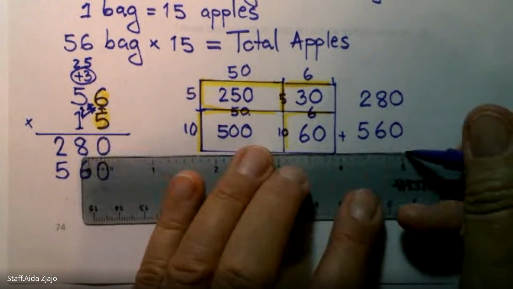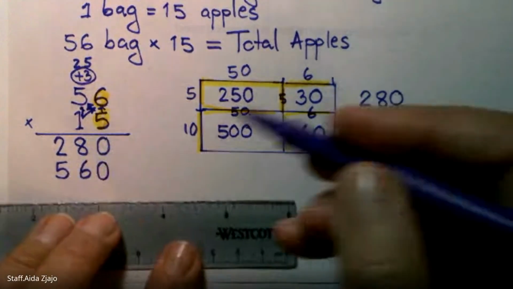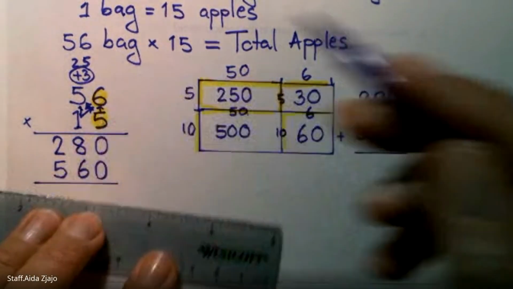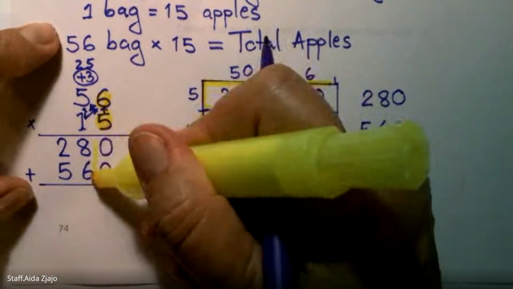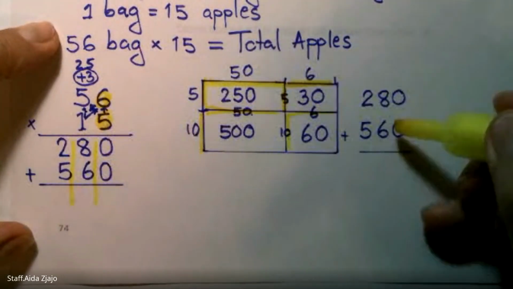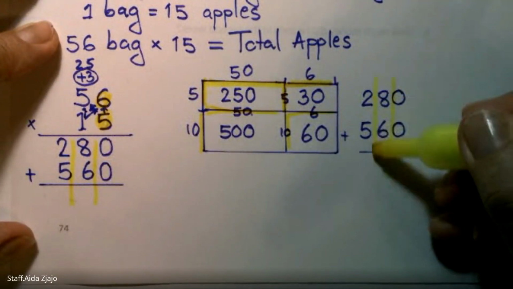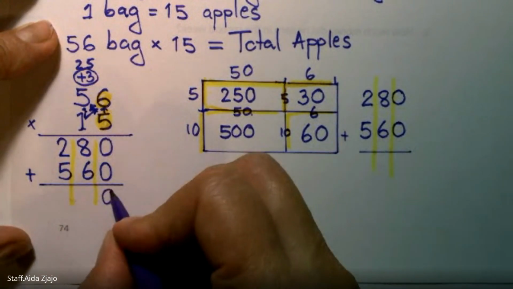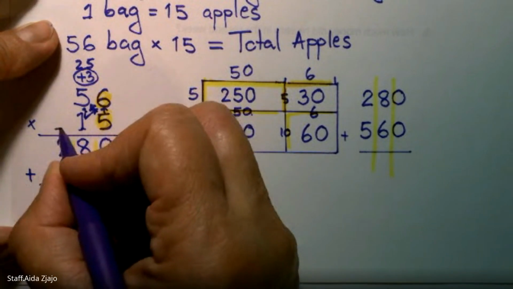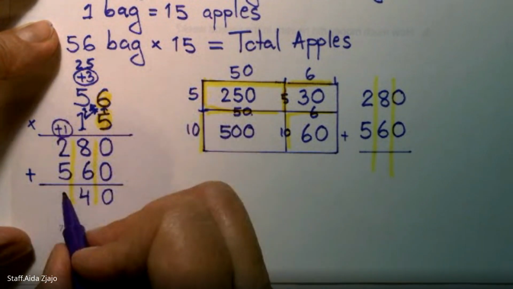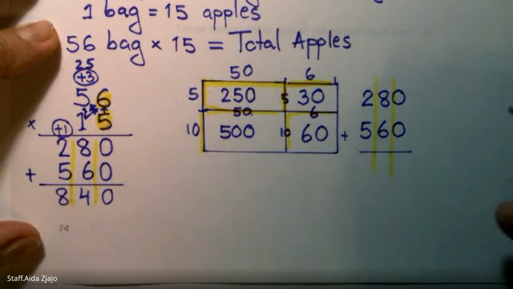When you add them together, you will get how many apples there were. So add those and also add here. So 0, 8, and 6 is 14. Made 100, and that is 8. 840.